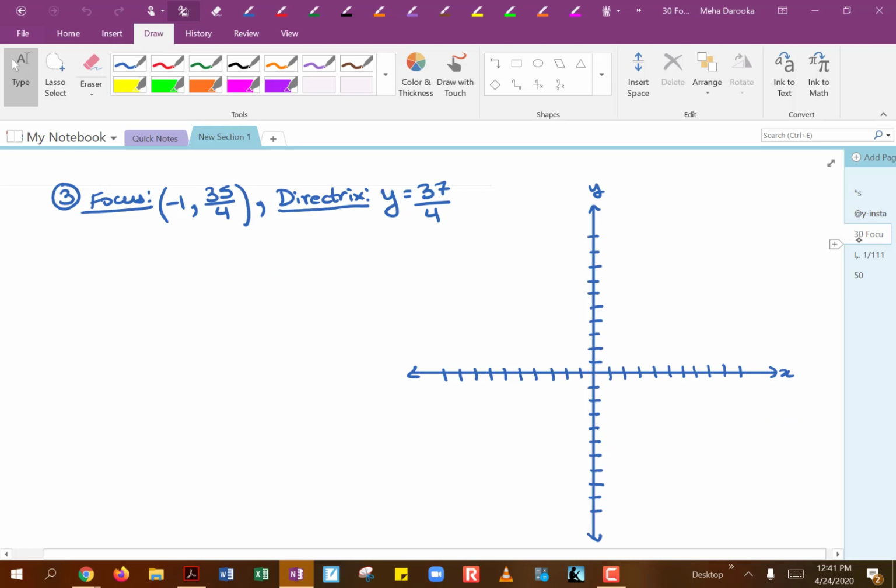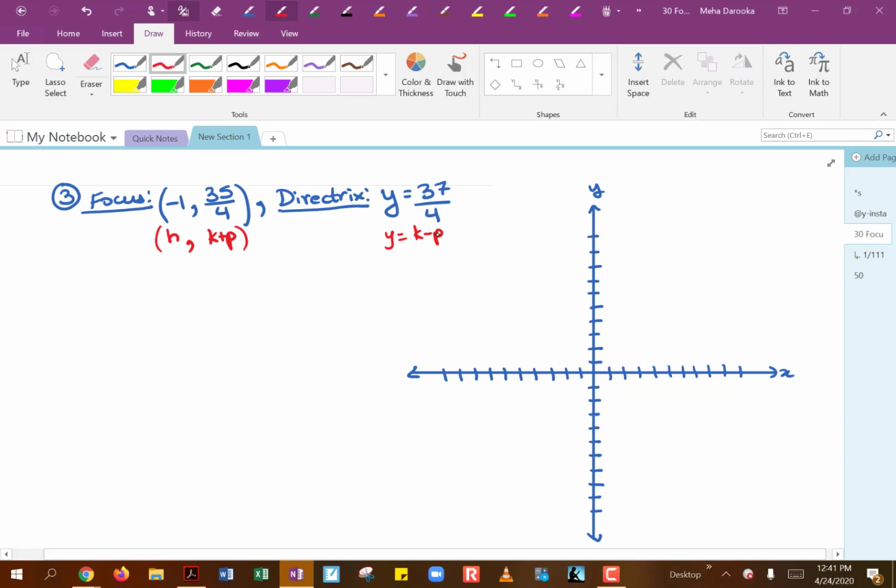So we are given the focus as -1, comma 35/4, and we are given the directrix as y equals 37/4. So the first thing we need to do is figure out where the vertex of our parabola is going to be. So remember, this is the h and the k plus p coordinates here, and this of course gives you the k minus p value from here.